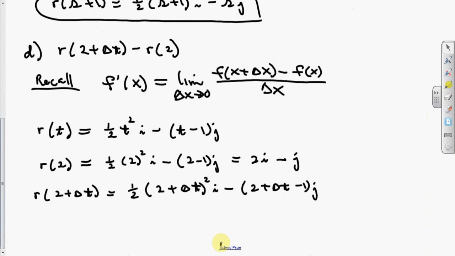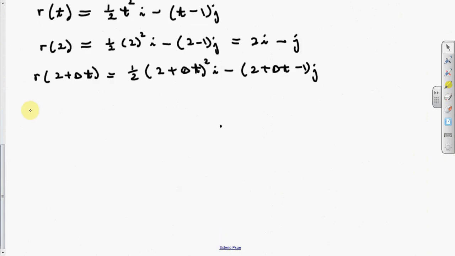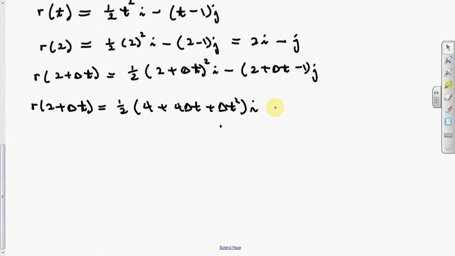So let's simplify this. This r of 2 plus delta t is the 1/2 times parentheses. Just FOIL that out. So that's 4 plus 4 delta t plus delta t squared times i minus parentheses, 2 minus 1 is just 1, plus delta t j.